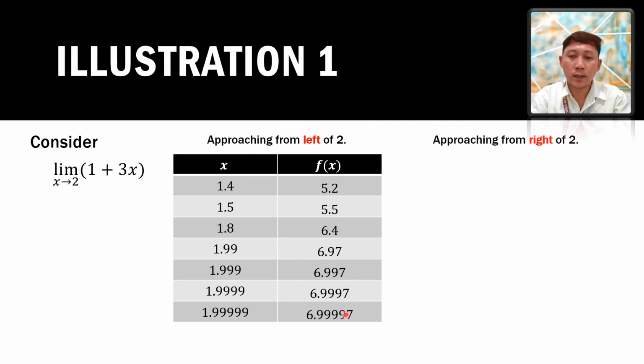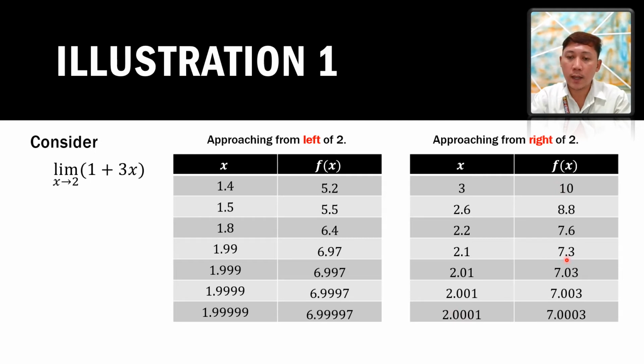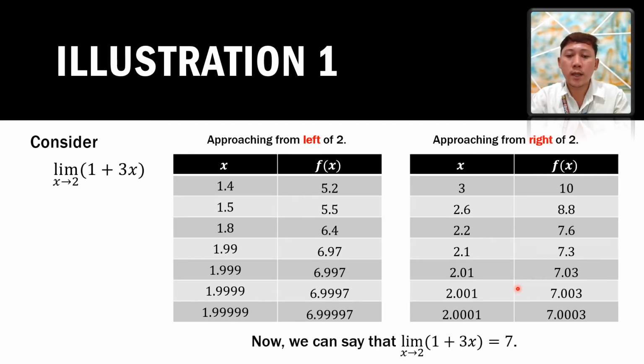Now let's take the table of values coming from the right of 2. We have these values 3 up to 2.001, and you can see that the values of our function are approaching 7. Therefore, we can say that the limit of the quantity 1 plus 3x as x approaches 2 is 7.